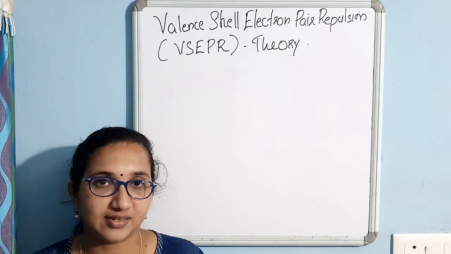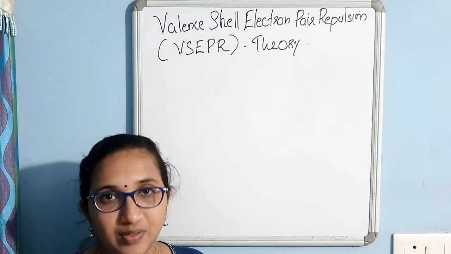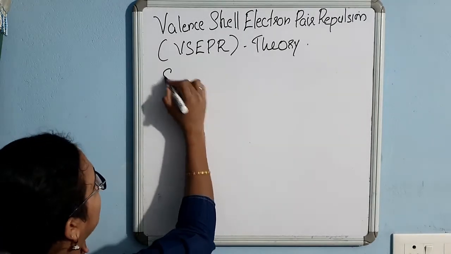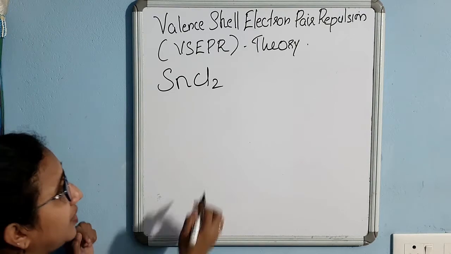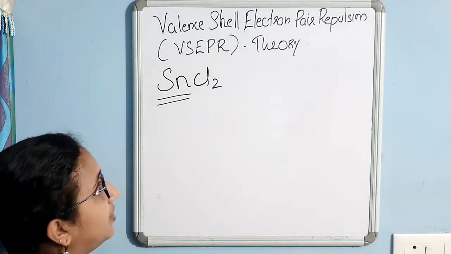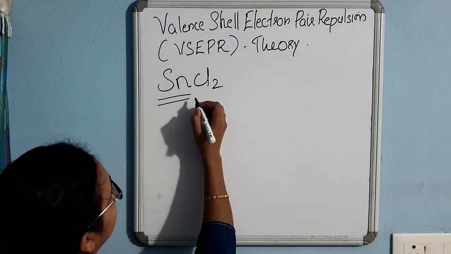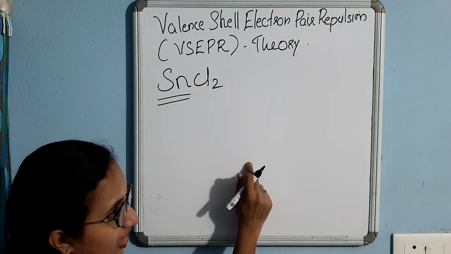To illustrate this VSEPR theory concept, let's take the example of a simple molecule, for example SnCl2, tin chloride. We know the tin atom belongs to the 14th group, the carbon family, with carbon, silicon, germanium, tin.